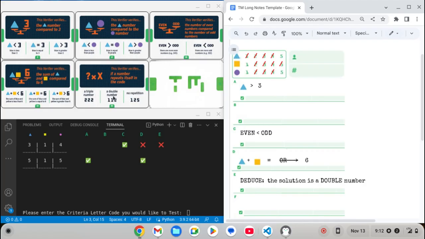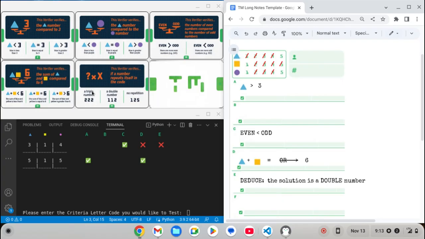If you have a double number, it doesn't mean that triangle and circle have to be the equal ones. It could be another combination of our digits. Yeah, I don't see any way to be able to narrow it down.